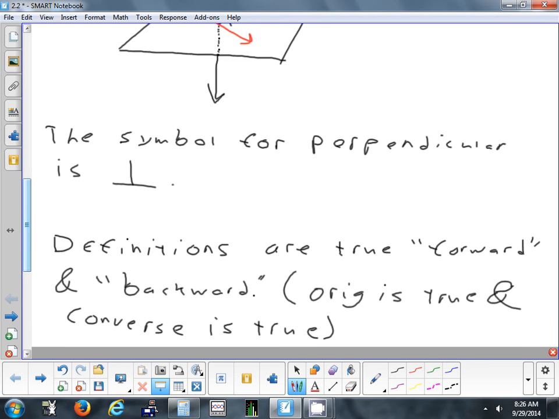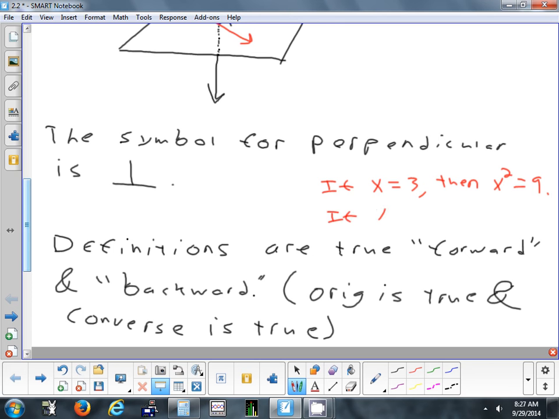This particular fact always happens with a definition. Now, if something's not a definition, this might not happen. Let me give you an example. If x equals 3, then x squared equals 9. Is that true? If x is 3, then when you square it, do you get 9? Yeah, that's true. But if you switch the if and the then part, if you switch the hypothesis and conclusion, it's not true.